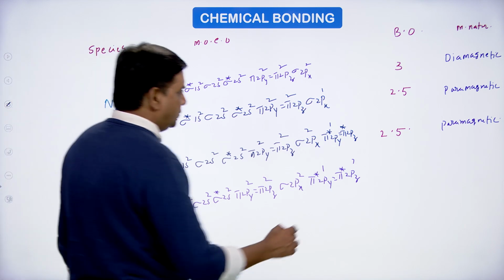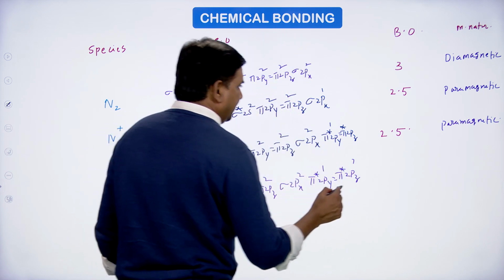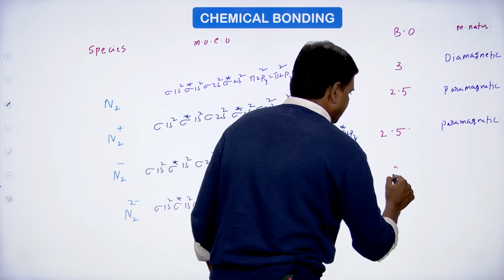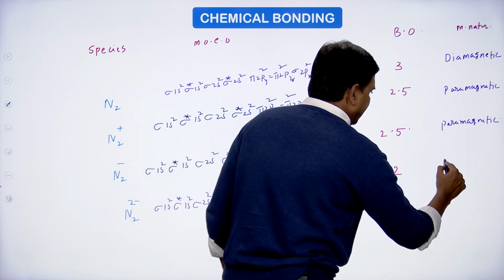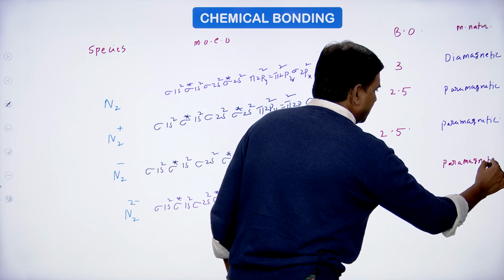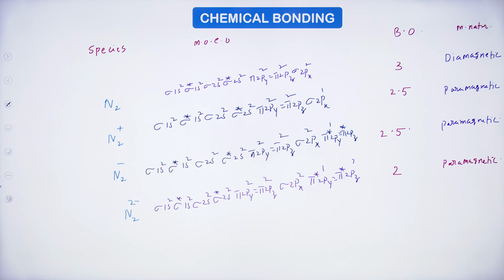So here bond order is 2 and paramagnetic in nature. Right. And this is the table related to the N2 species, students.